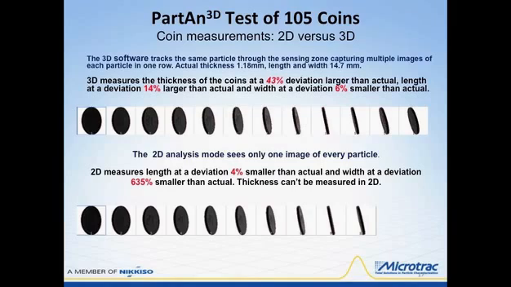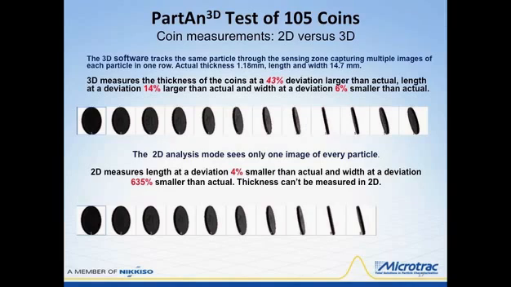The 2D analysis, on the other hand, with every image in the lower row representing different particles, has an actual 2D width value 635% larger than measured, because it gives a width value for every orientation from smallest, the actual thickness, to largest, the diameter.